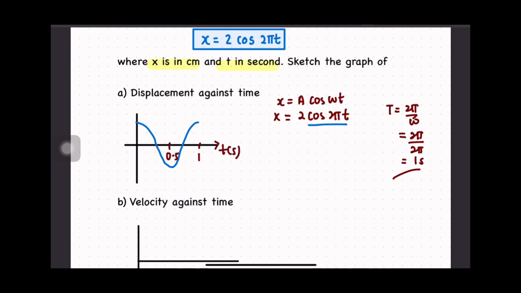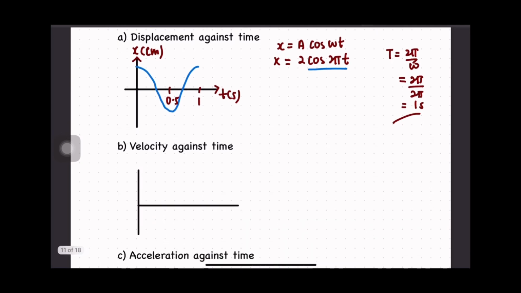Next, the y-axis should be x in cm. Okay, so next is velocity. So you determine the equation for velocity. So v is dx per dt of 2 cos 2 pi t.